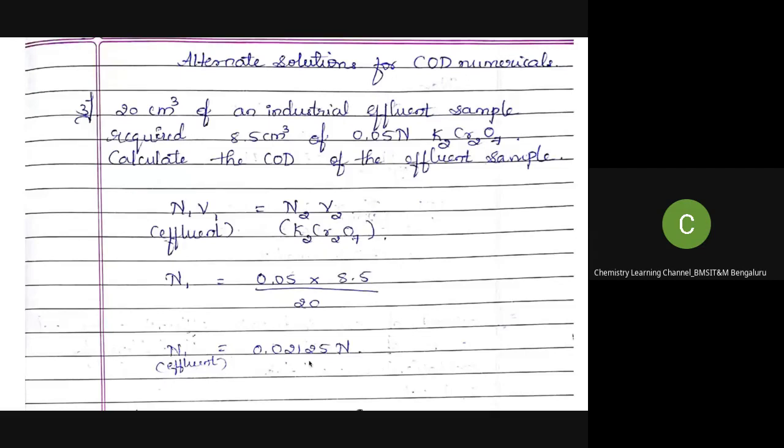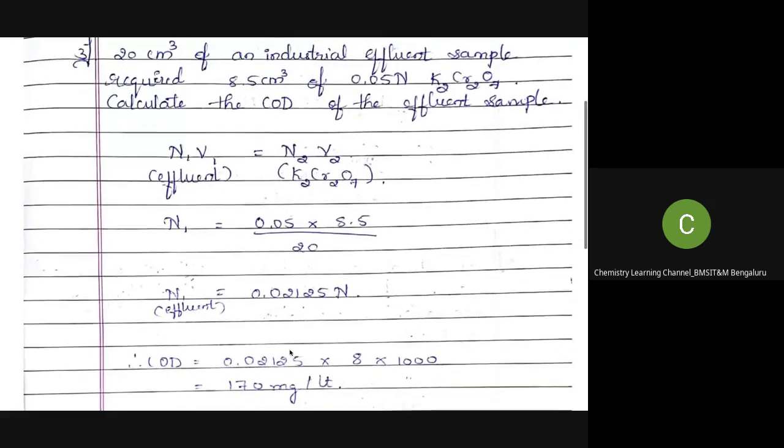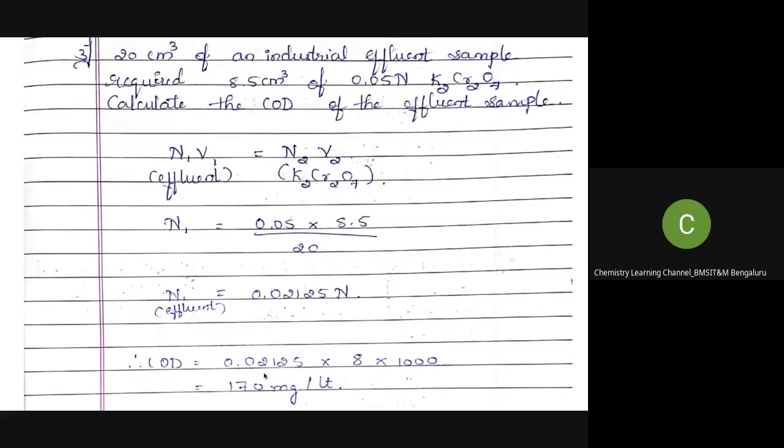So using this value, let us find the COD. COD is equal to whatever normality you got for the effluent sample, multiplied by 8, the equivalent weight of oxygen, right?